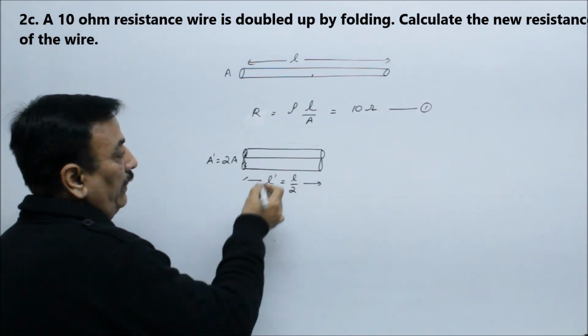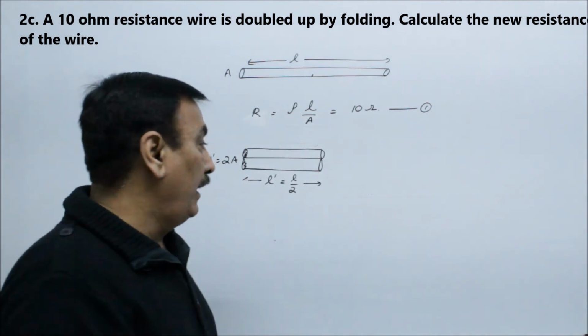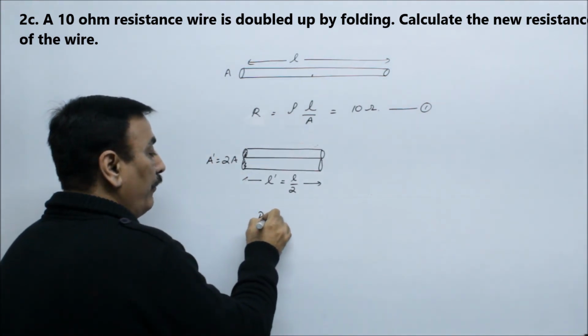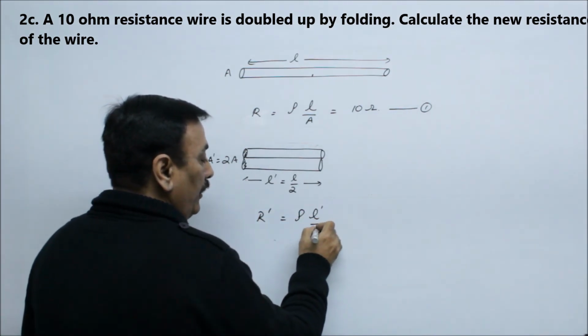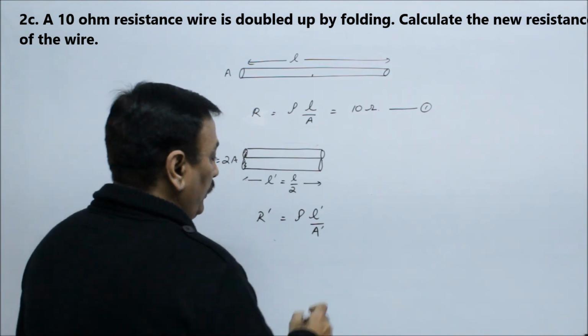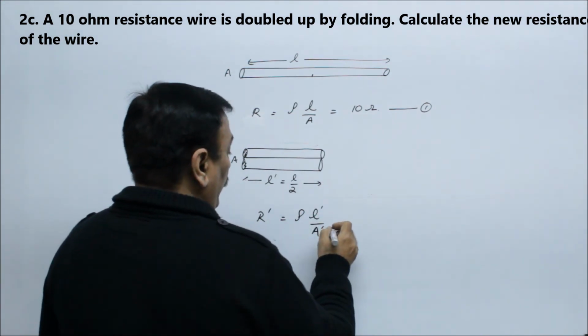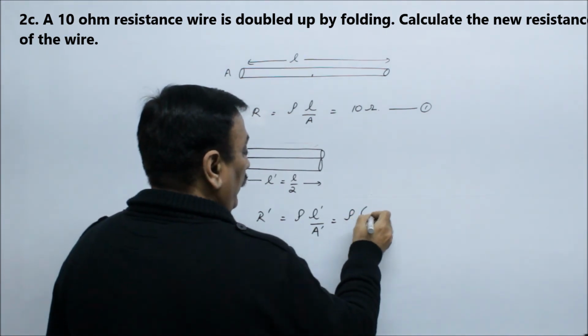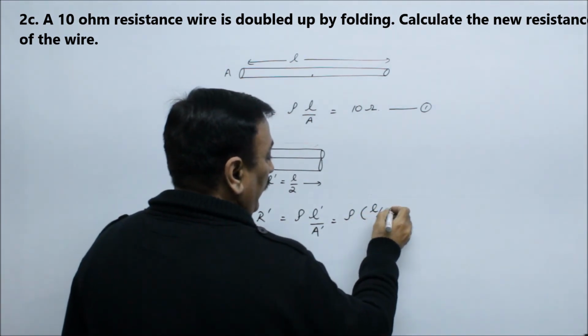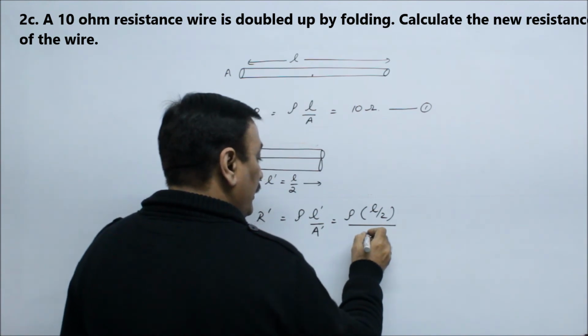And the material remains the same. We are not changing material. So what is the new value of resistance? R dash, let us call it. It is rho L dash over A dash. So what we can write here, rho, what is L dash equal to? It is L upon 2. And what is A dash equal to?